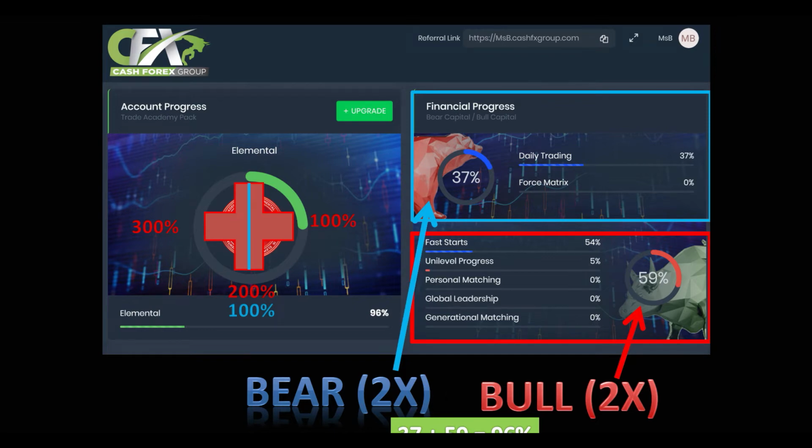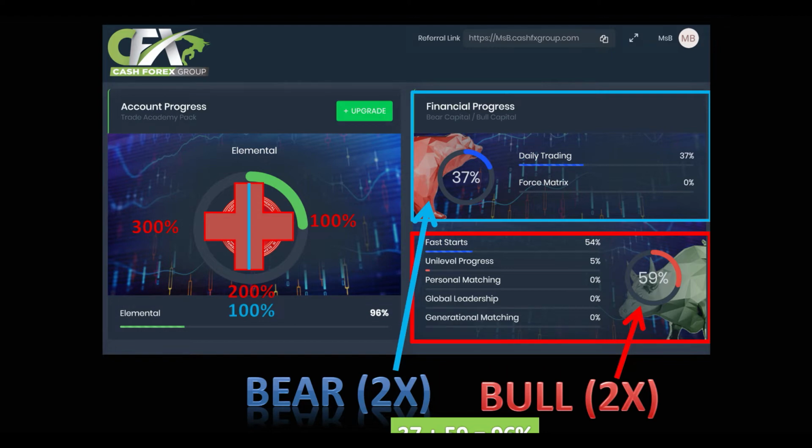You can't see it on the screen here very well, but basically, if you take this 37% and the 59% and add them up, you get 96%. So again, this is my account progress. I'm at 96% of what my final return on investment will be.